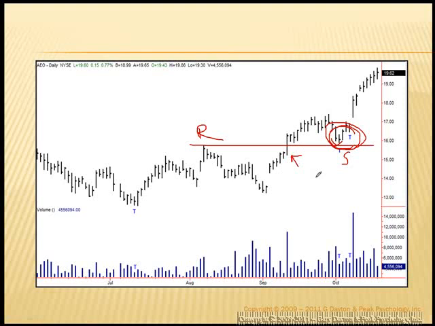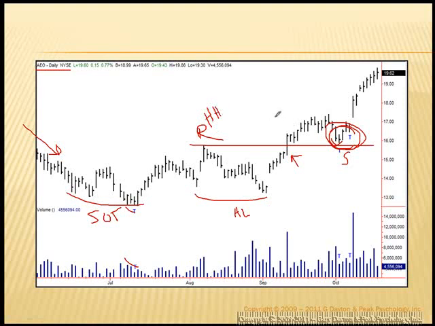Okay? So just to be clear, we're in some kind of a down move here on this daily chart of American Eagle. And we see the shortening of the thrust, right? We see a lack of supply down here. We see higher lows. We see higher highs.